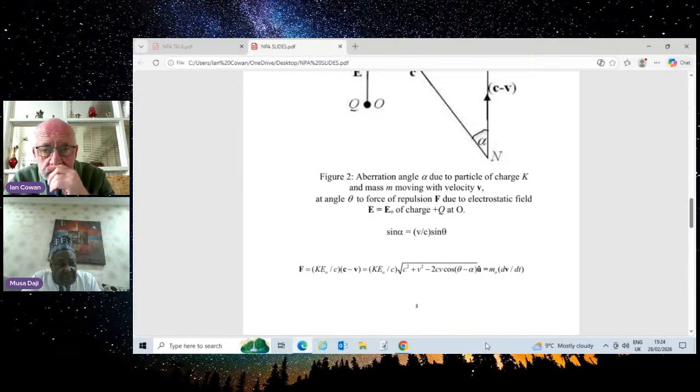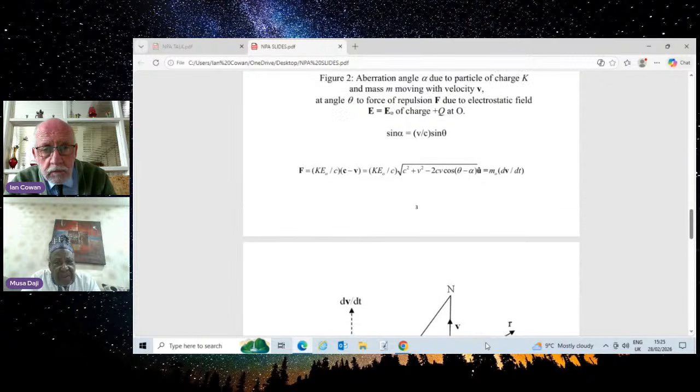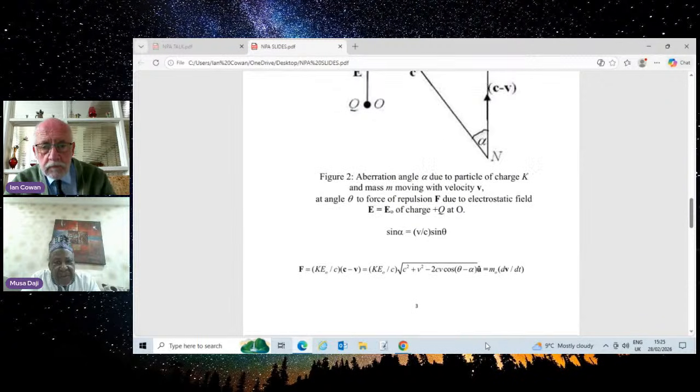If it is a negative charge, it may also move with theta equal to pi/2 round the charge. So actually the equation here under slide number 3 is the real equation, where you can immediately see if c is equal to v, the force reduces to 0.